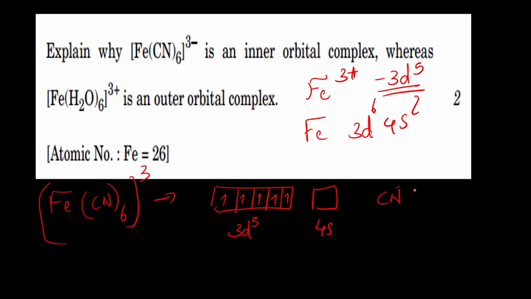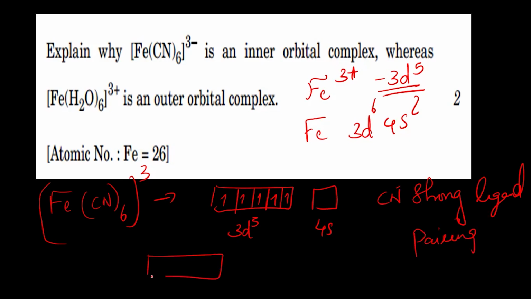Now you see here CN- is coming, right? CN- is a strong ligand. So what will happen? Pairing will take place, and we will be getting 1, 2, 3, 4, 5. One unpaired electron will be there, and the CN- will come and sit like this, 1, 2, 3, 4, 5, 6, 7.